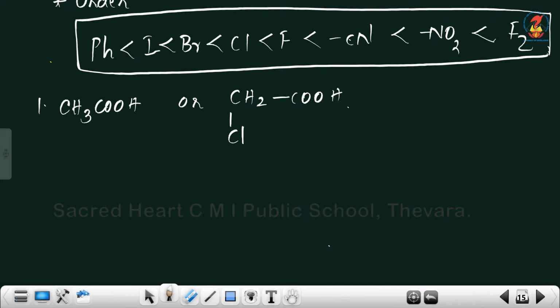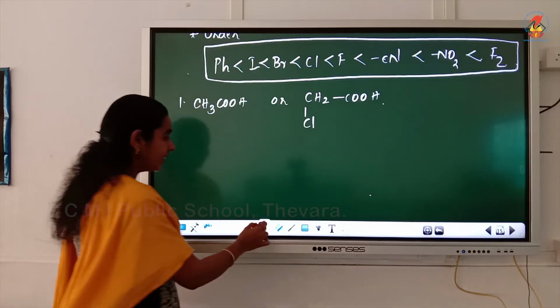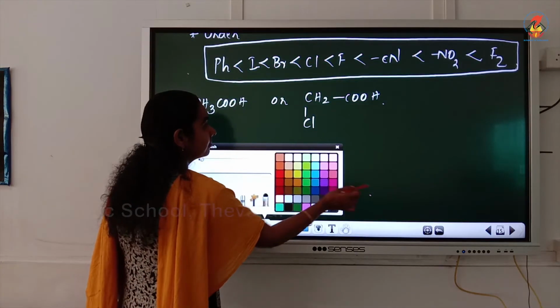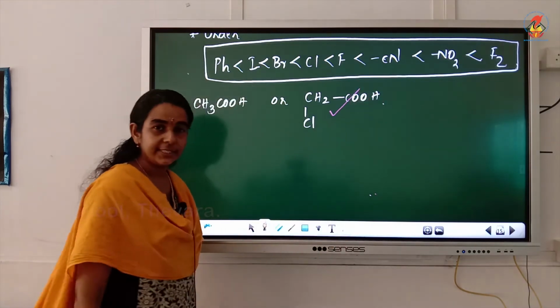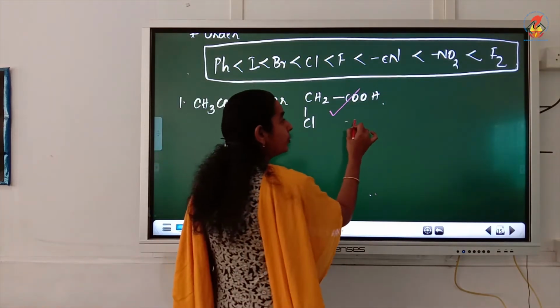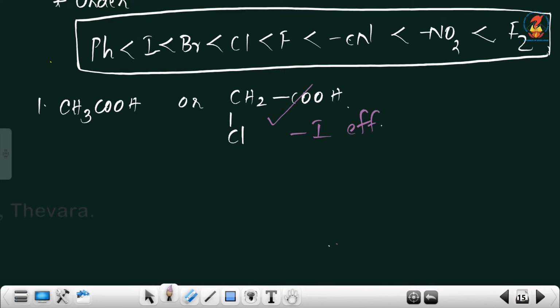Acetic acid or chloroacetic acid, which is stronger? The answer is chloroacetic acid, and the reason is the minus I effect of chlorine. Due to the minus I effect of chlorine, it stabilizes the corresponding carboxylate ion.